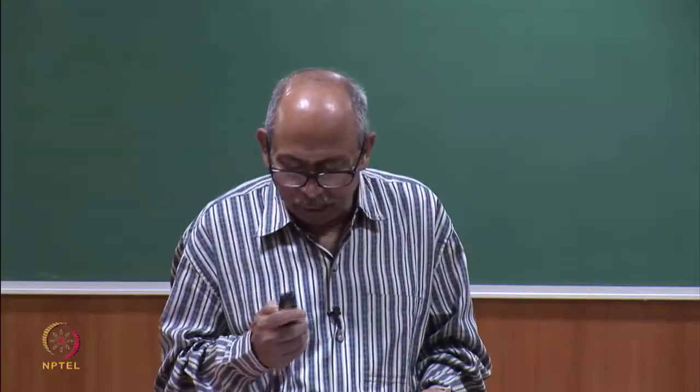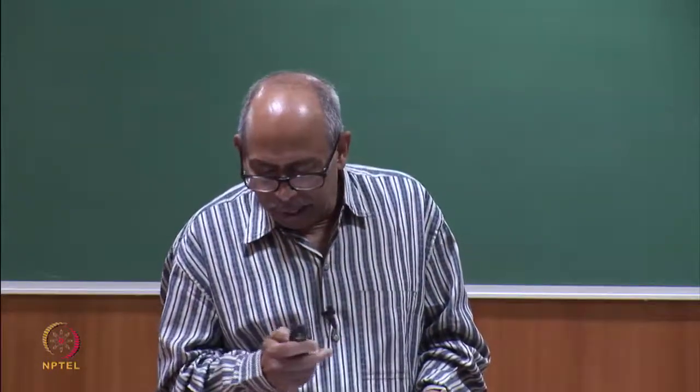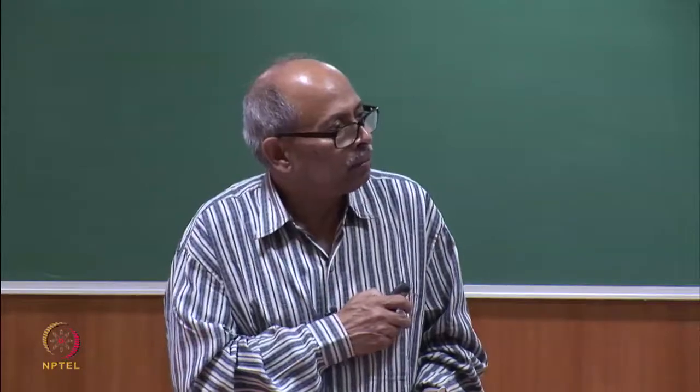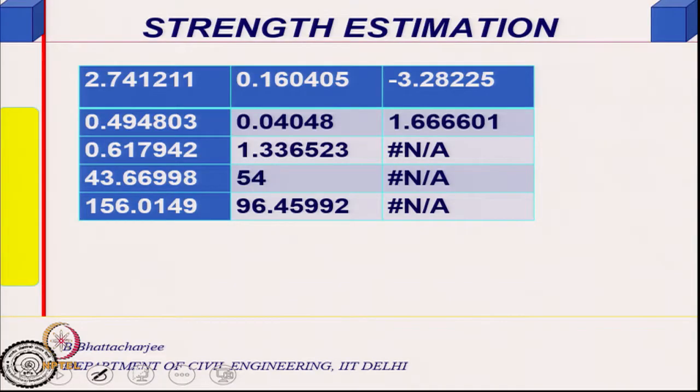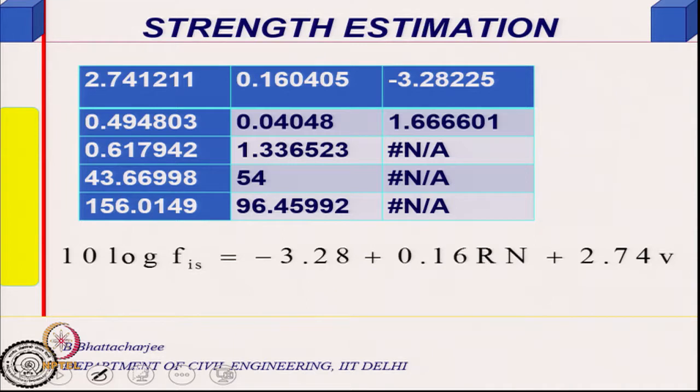So, I used a multiple regression with log strength, and in that case I actually got a relatively much better coefficient of determination. It is not very good, but it was of the order of around 0.61 or something of this kind. The equation came out to be something of this kind, 0.16 rebound number plus 274 B 10 log strength.